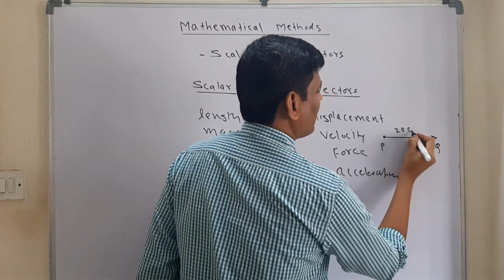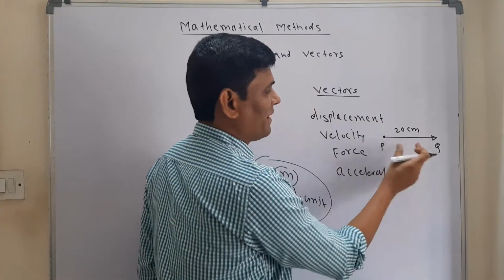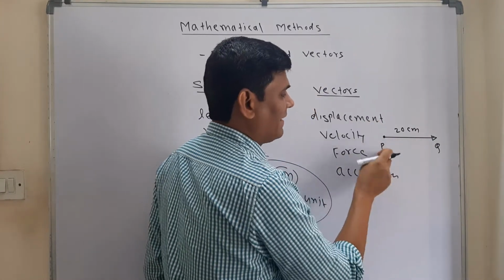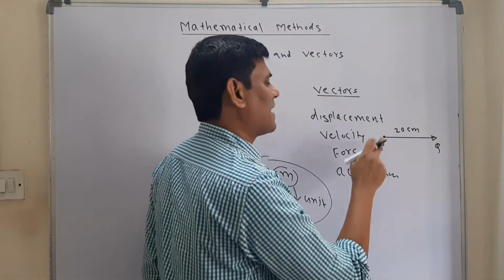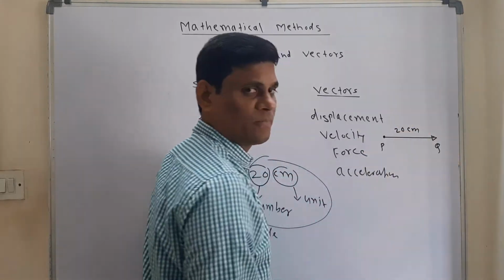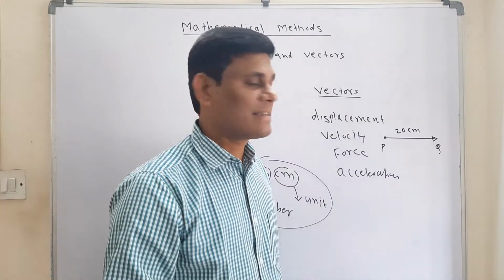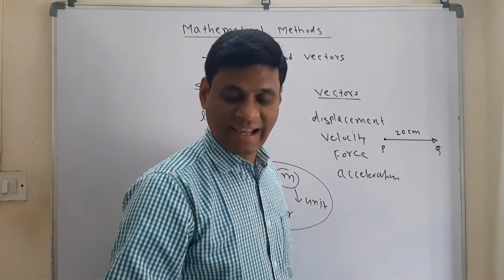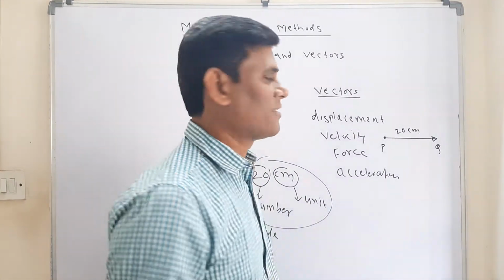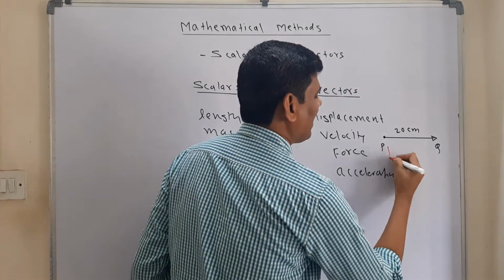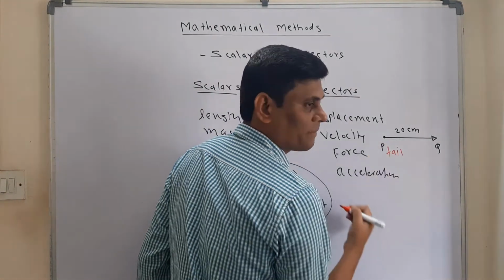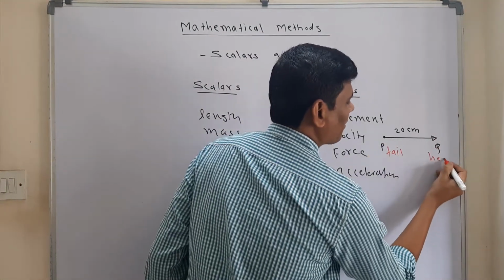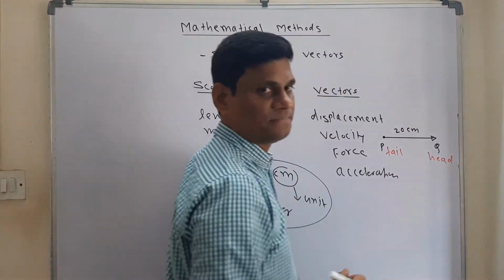So displacement is 20 centimeter, in this particular direction with starting point P and ending point Q. The starting point we call the tail of the vector, and the ending point we call the head of the vector.